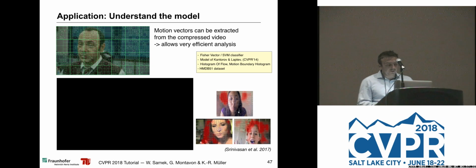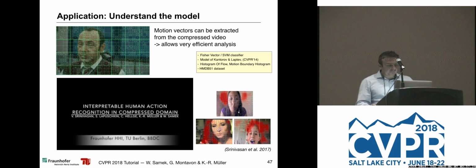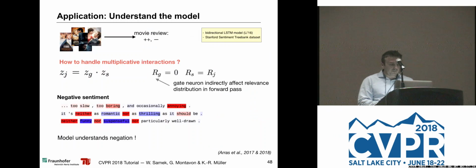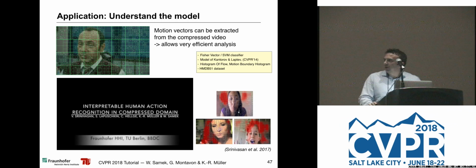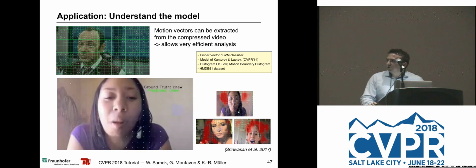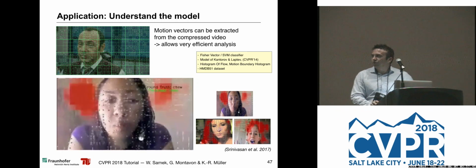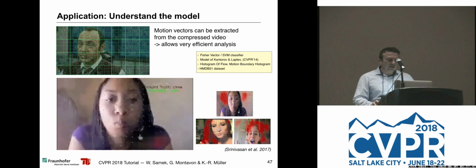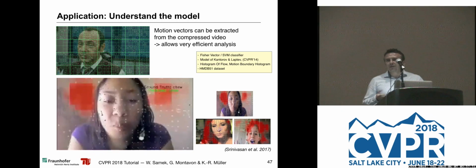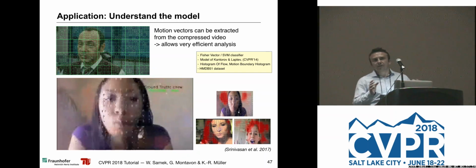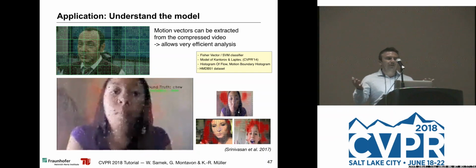Here is what you get from the heat map. For example, for the action chew, the model doesn't really focus on the chewing part of the face, but it identifies the movement of the head as distinctive for this class.